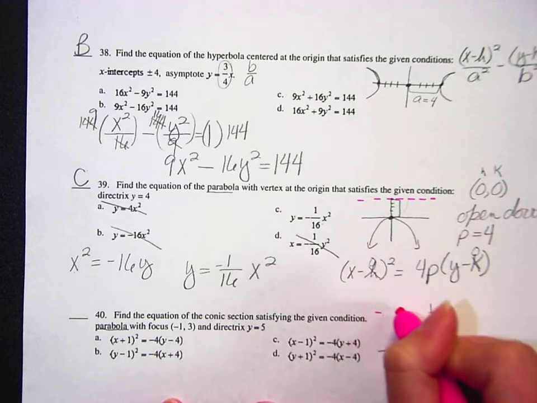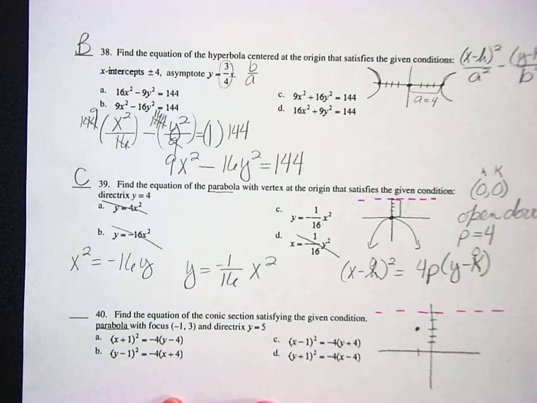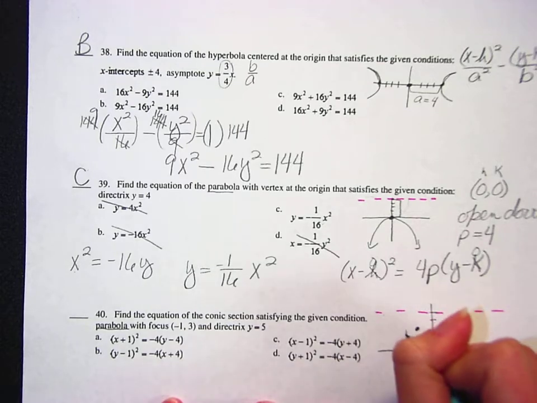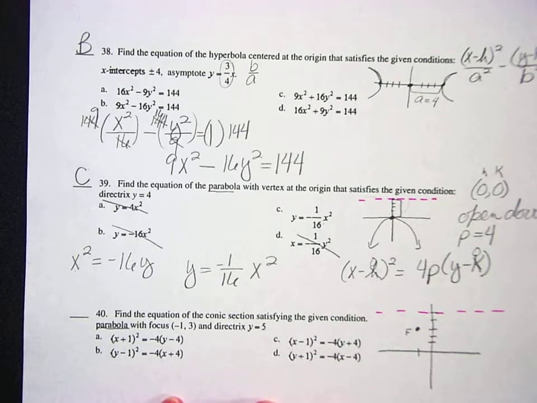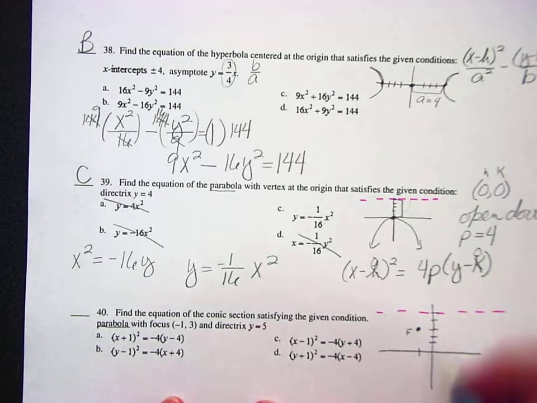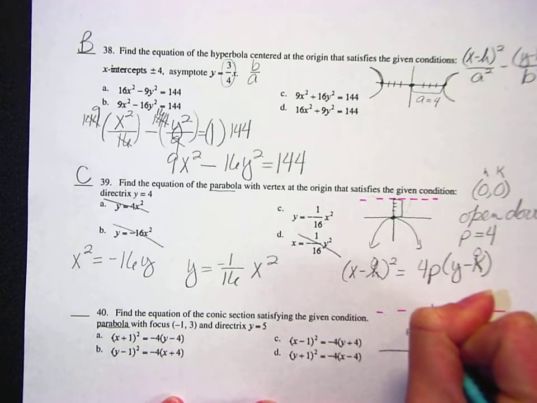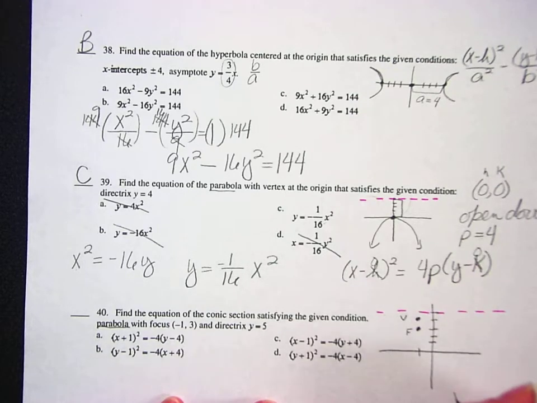So here it is right here. Okay, so I know that from the vertex to the focus and the vertex to the directrix is the same distance. So I'm going to say that my vertex, or my center point for this parabola, is halfway in between. Since there's 2 in between these things, halfway is going to be right there. So this time I've got a vertex of negative 1, 4.